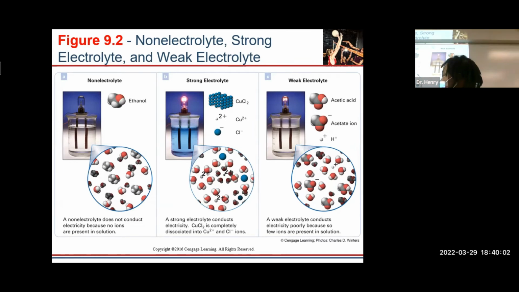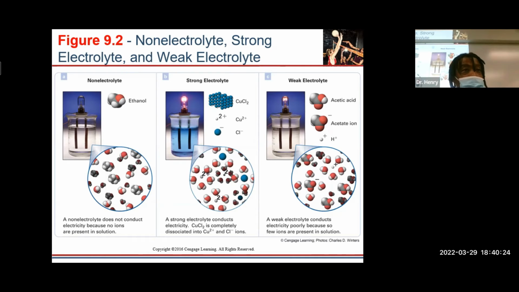Okay, so things like water or ethanol are covalently bonded. Covalently bonded means that they're sharing electrons. That also means that they're not going to break up in water and have positive and negative charges. They're just neutrally charged all the time. So we'd expect that not to conduct electricity, and it doesn't.